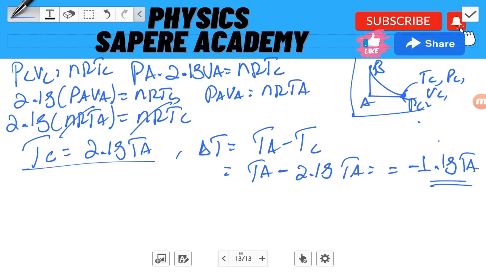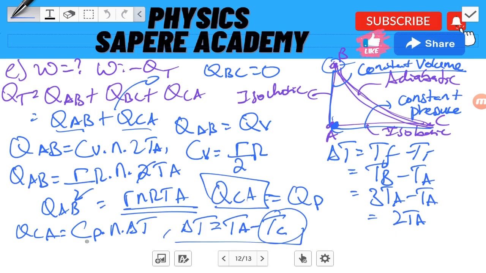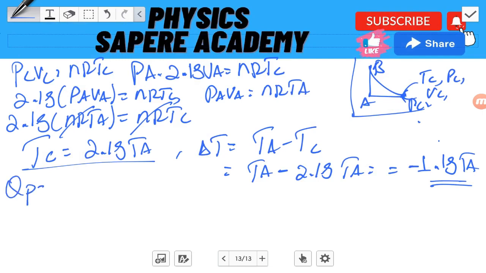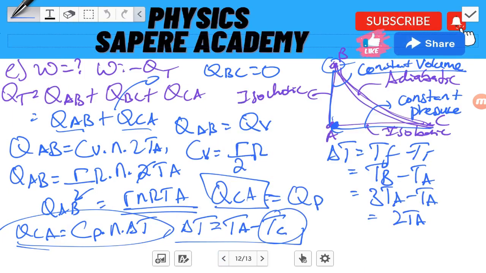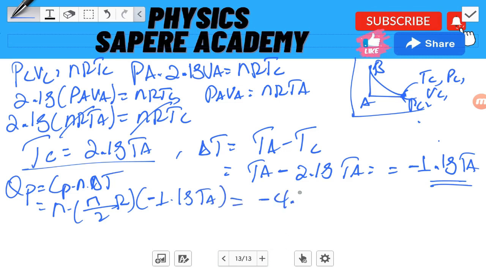So substituting my value of change in T into the equation, that is QP is equal to CP n times change in T. Here my value of nCP is going to be 7/2 R times my change in temperature, that is the negative 1.19 TA I found. Working this out gives me negative 4.17 nRTA.